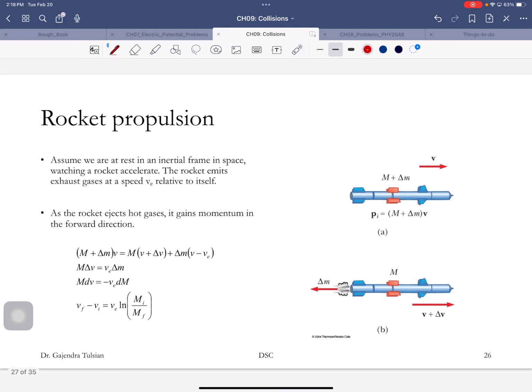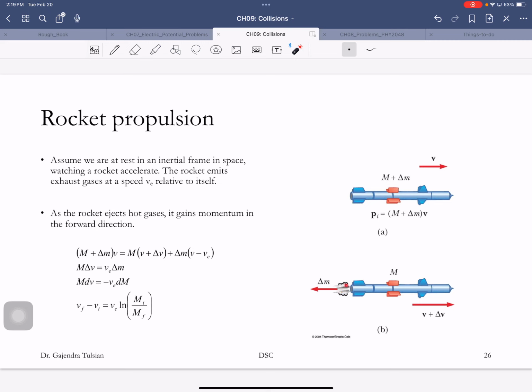All right, so I'm just going to give you the equations quickly. I'm not going to derive stuff. We'll consider a rocket in deep space. Here is the mass of the rocket, and here is the velocity of the rocket. Now, if it wants to go faster, what does it have to do? It has to spit backwards.